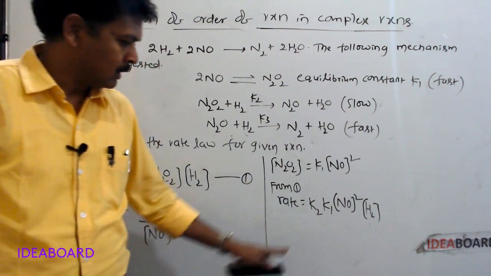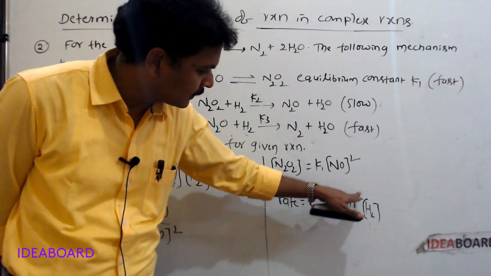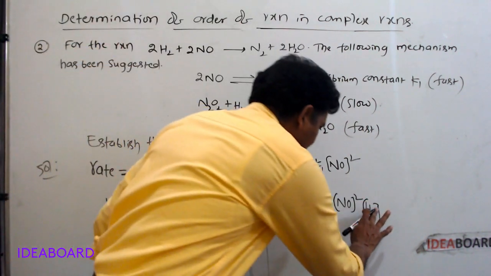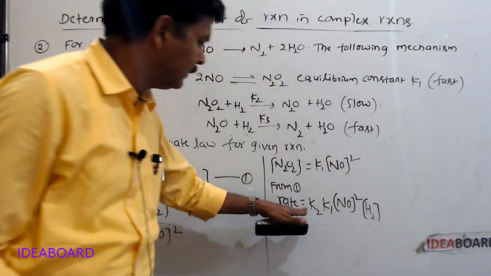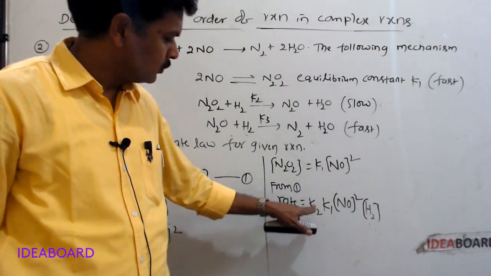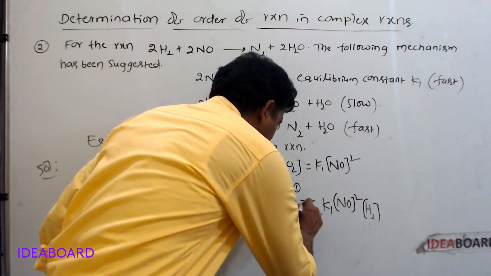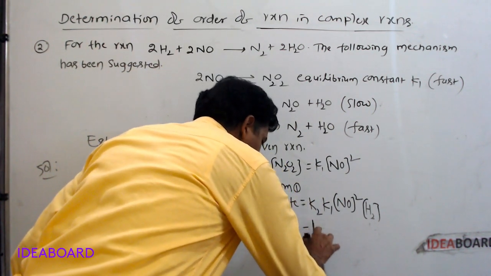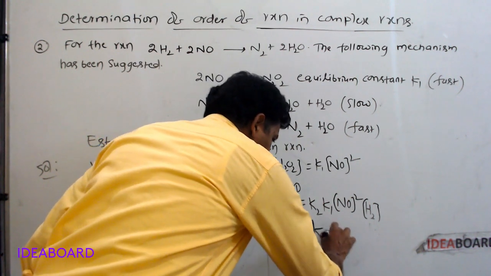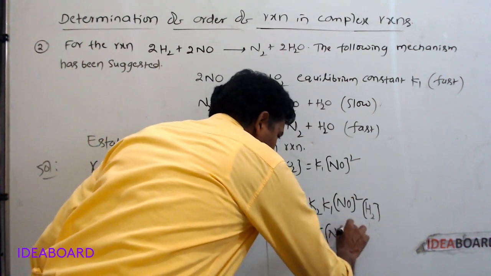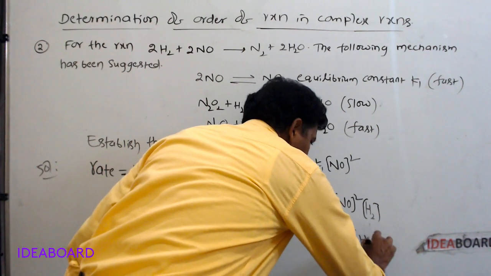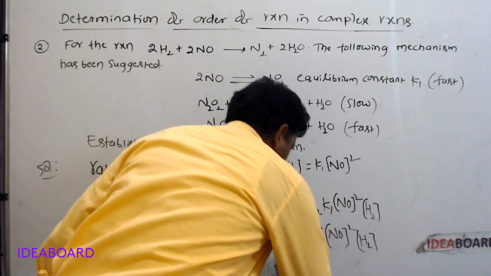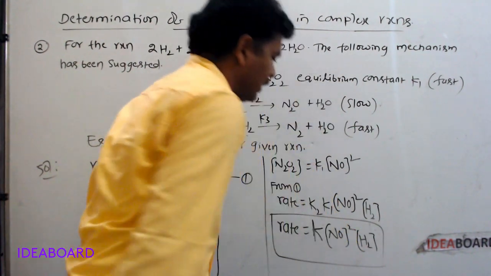Rate is equal to K2 into K1 into concentration of NO squared into concentration of H2 power 1. Here these two are constants, both are constants, so I am taking another constant. Rate is equal to capital K into concentration of NO squared into concentration of H2. So this is the rate law or rate equation.